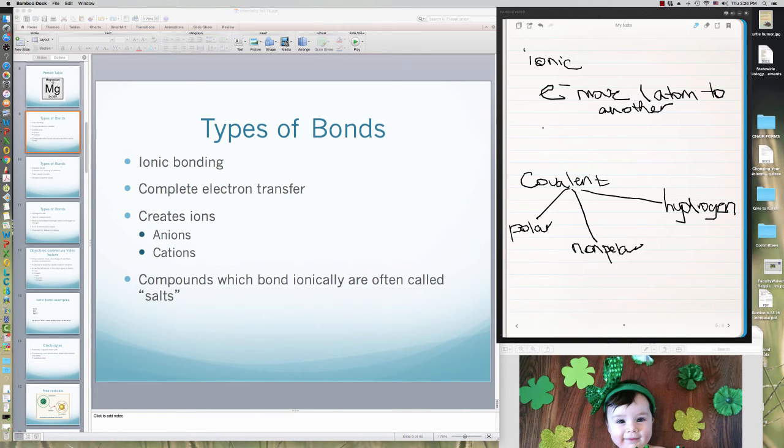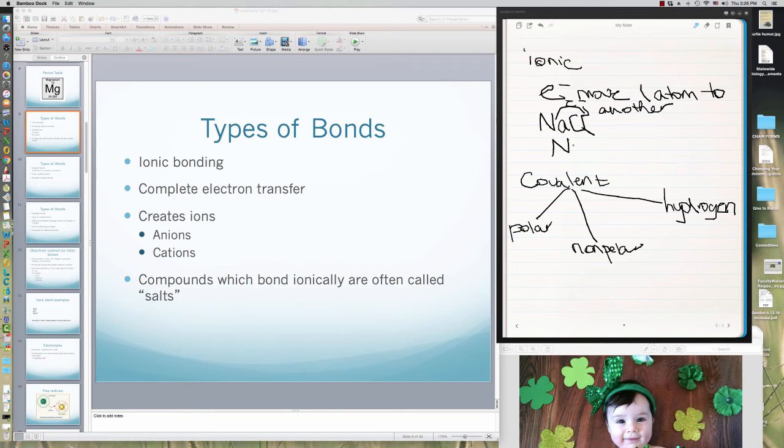So for example, and I'll show you how this works a little closer in class. Sodium chloride, salt. When sodium chloride is together in the form of this molecule here, it doesn't have a charge, but electrons have transferred from the sodium to the chlorine. And so when you put it in water, it breaks apart.